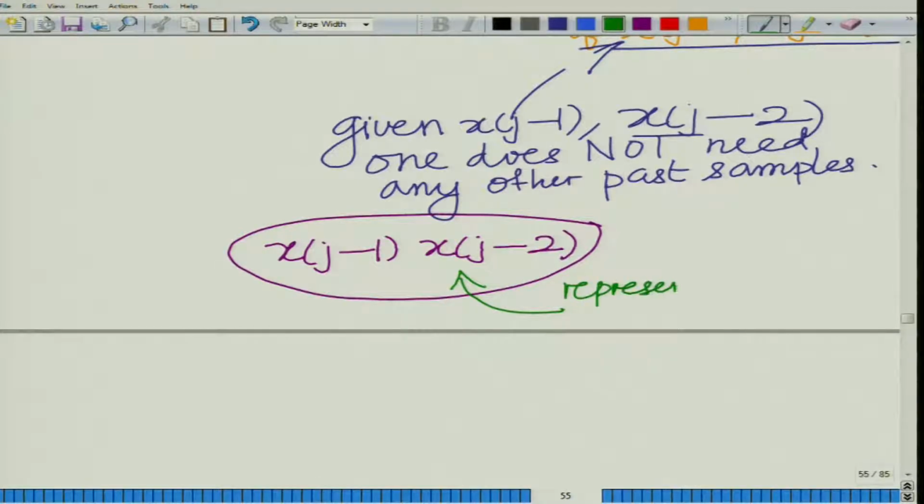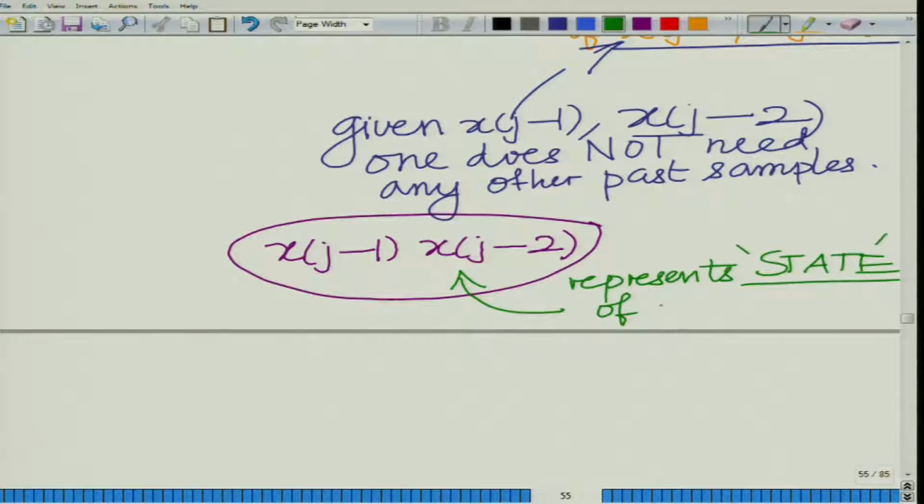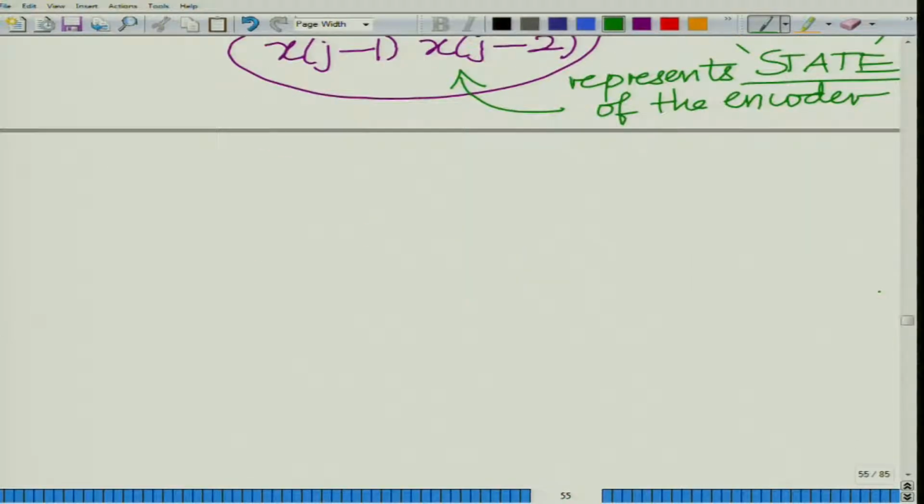This is an important notion: this represents the state of the encoder.